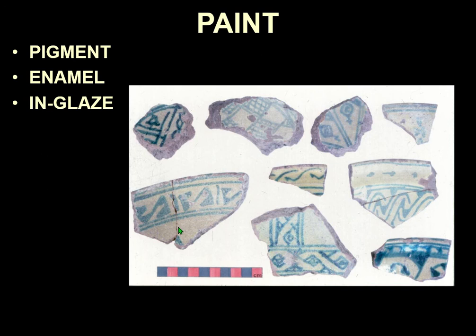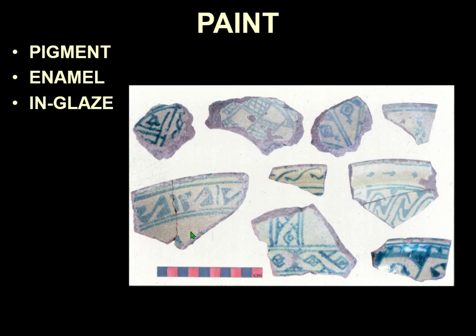Inglaze is another technique. In this case, what they've done is they've made the vessel and they've glazed the vessel. Okay, so it's got a glaze on it. A glaze, when it's applied, is glass which has been crushed into a very fine powder, which can then be put in a fluid medium like water and applied to the outside of the vessel, and so it's just slooshed over, and the glassy particles are left behind.